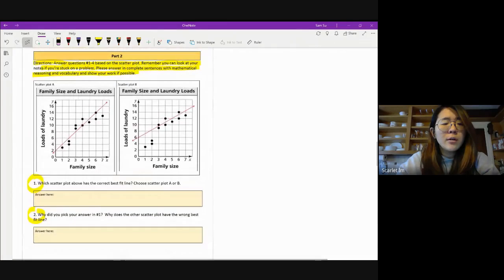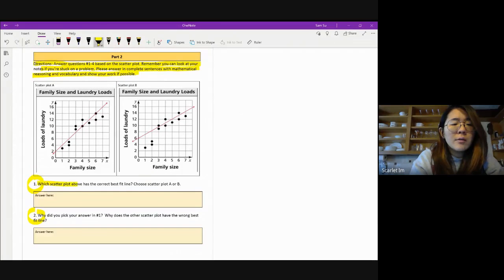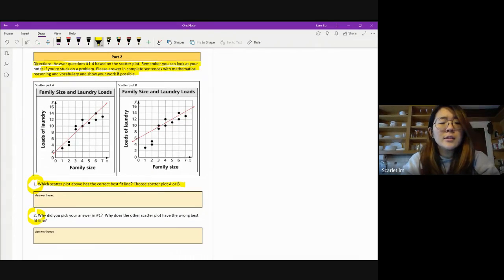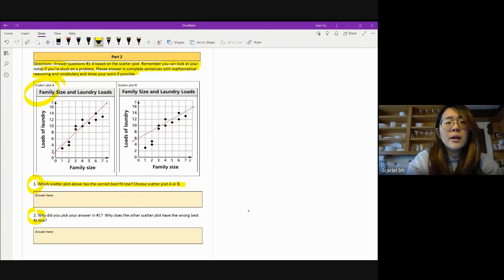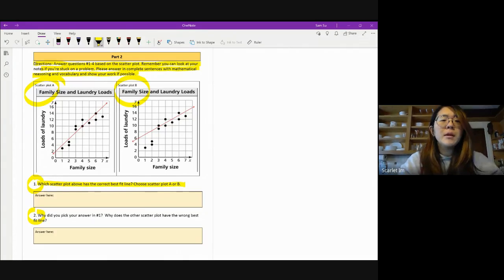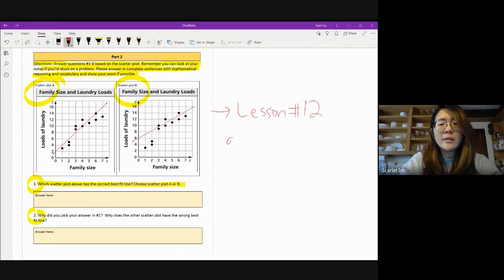Make sure when you are doing part 2 that you tell me which one is the correct plot with the correct best fit line. So you're picking either scatter plot A or scatter plot B. If you do need a review on this concept, this is basically going to be lessons number 12 and 13.